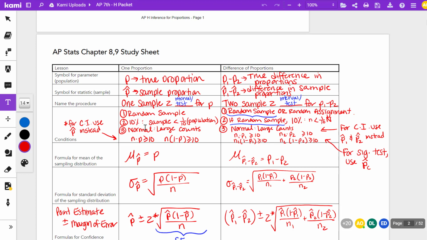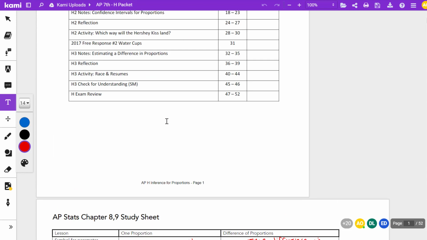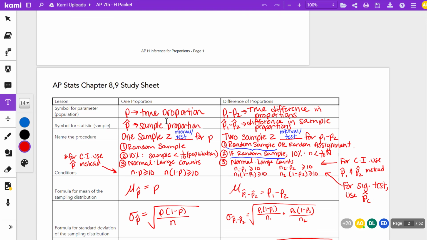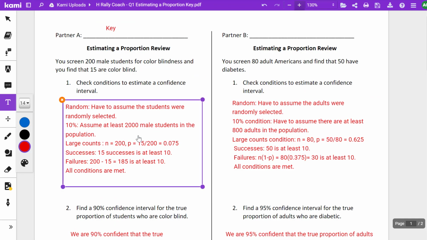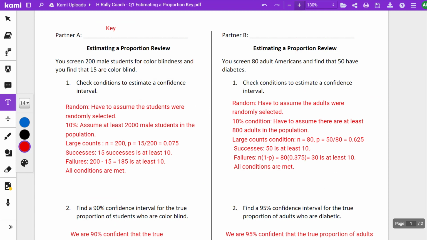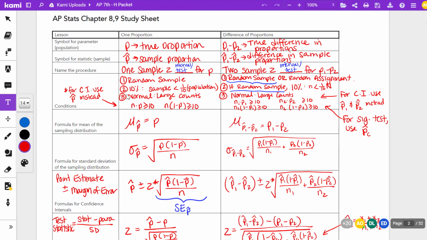You've got random sample, 10%, that the sample is less than 1/10 of the population, and you have the normal and large counts condition. Remember, on your quizzes, you are allowed to use your packet. You're also allowed to use it on retesting, provided you complete the packet. And so this is a good resource right here. Okay. So we have the random condition, and you can see that here: random, 10%, and large counts.